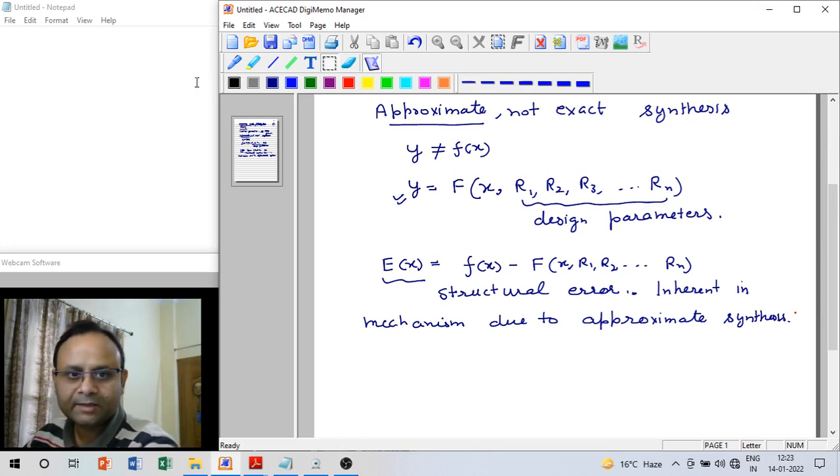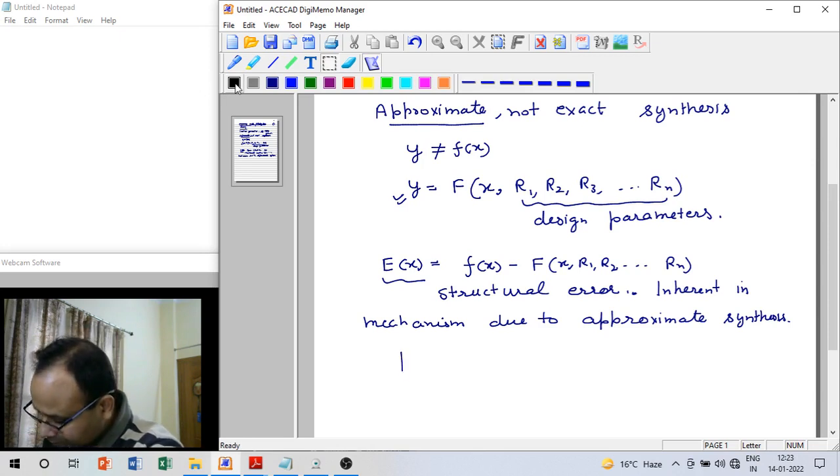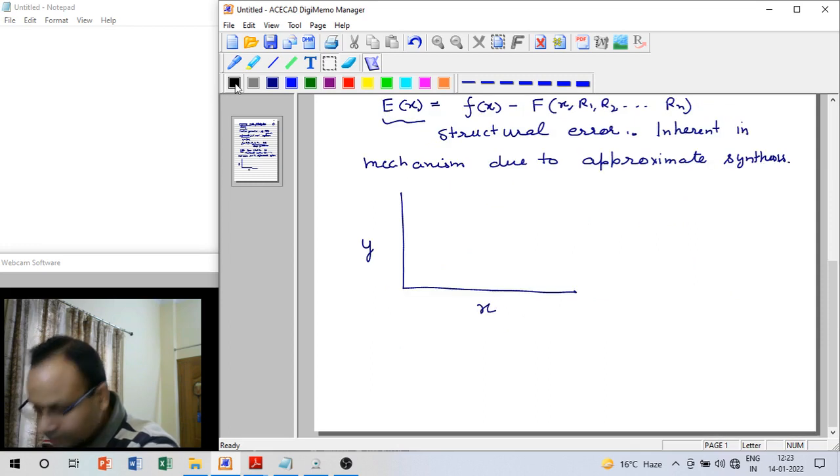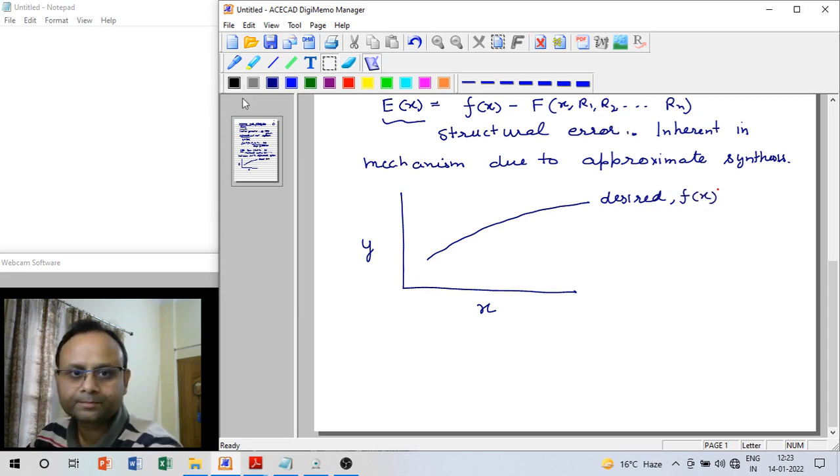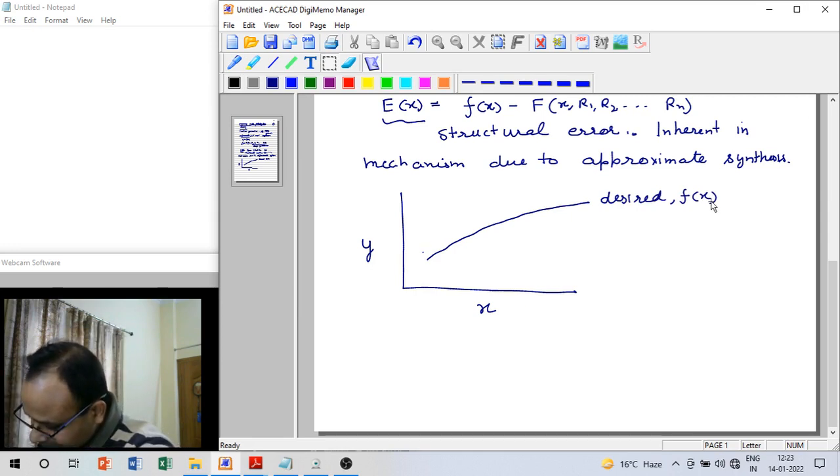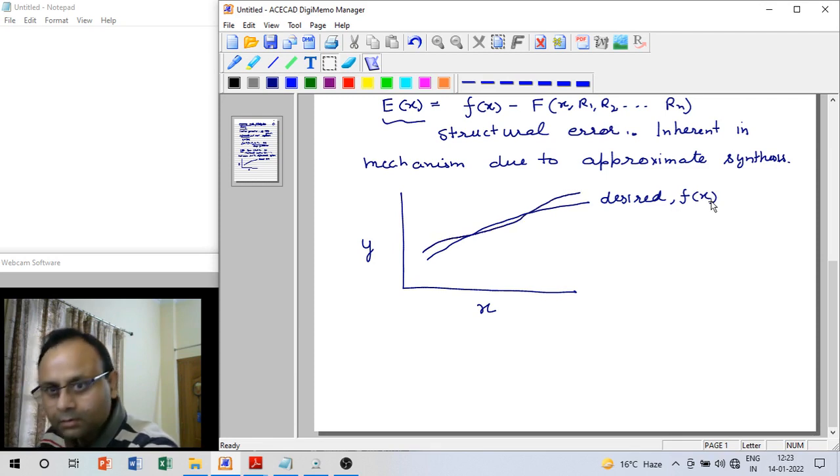So let us say, if you want to plot it, y as a function of x. Let us say this is the function what we wanted. This is what was desired, so this is f(x). And say what we got is, let us say, something like this.